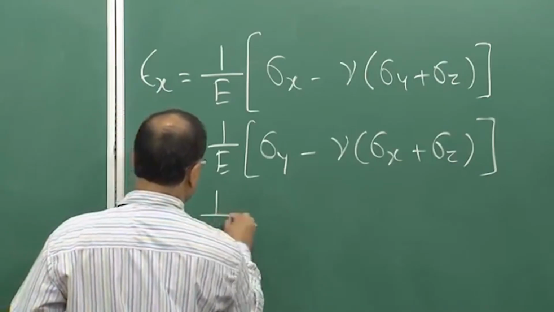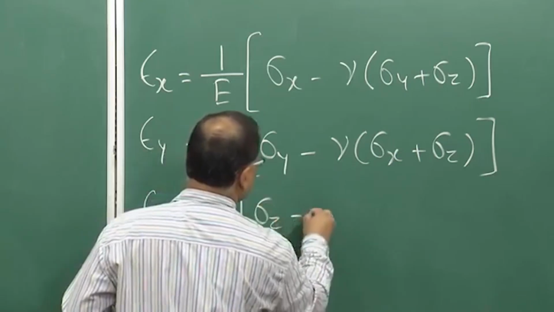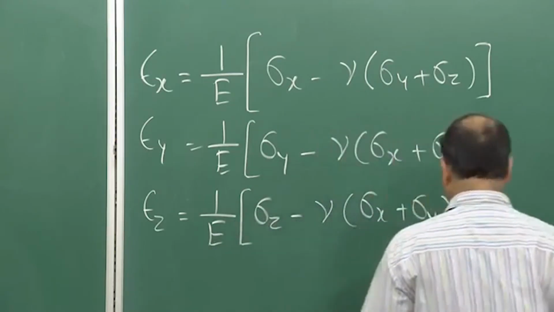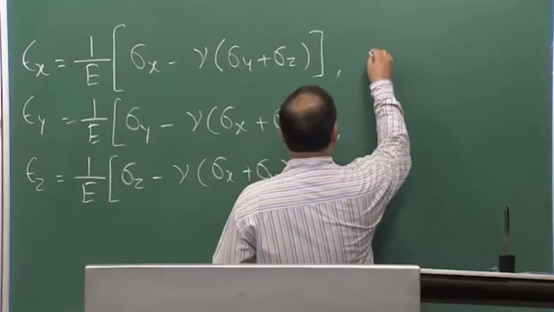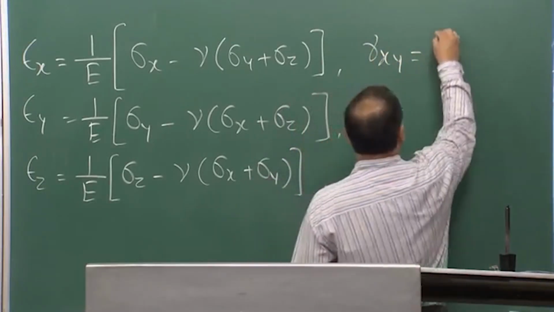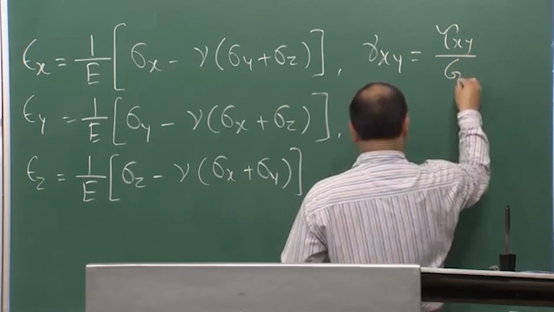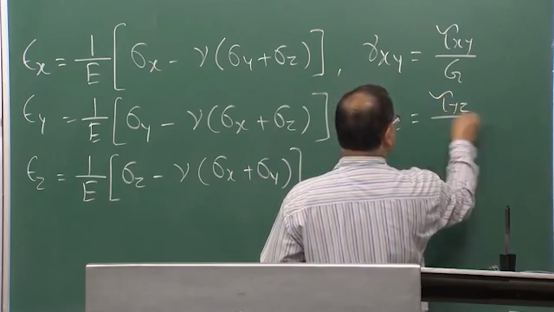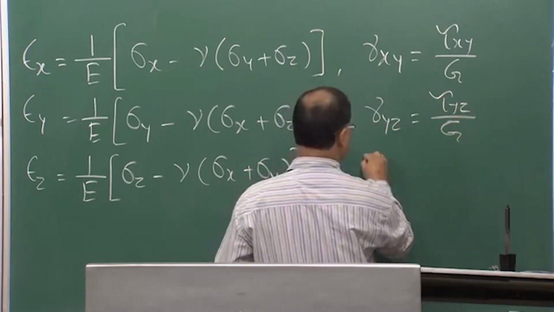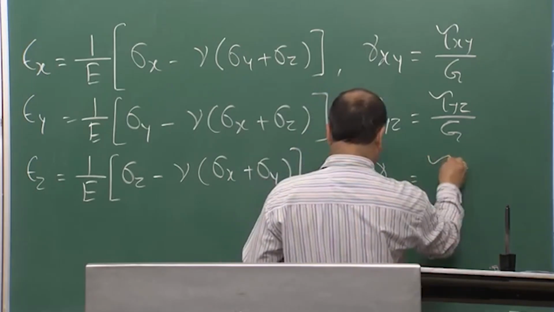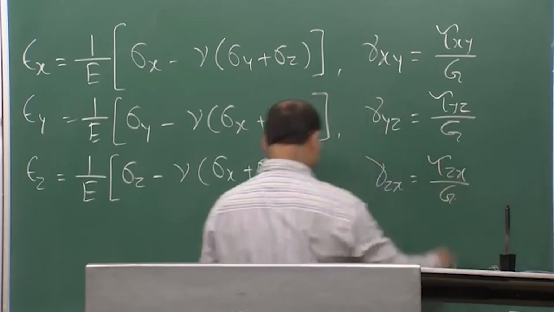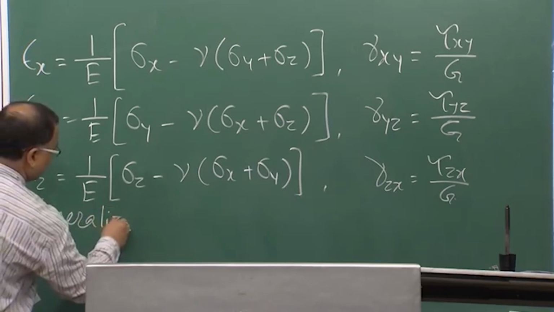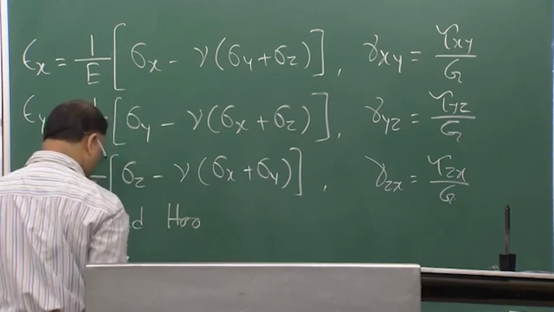Epsilon z equal to 1 by E sigma z minus nu into sigma x plus sigma y. And gamma xy equal to tau xy by G, gamma yz equal to tau yz by G, and gamma zx equal to tau zx by G. So, this is nothing but, as you know, the generalized Hooke's law.